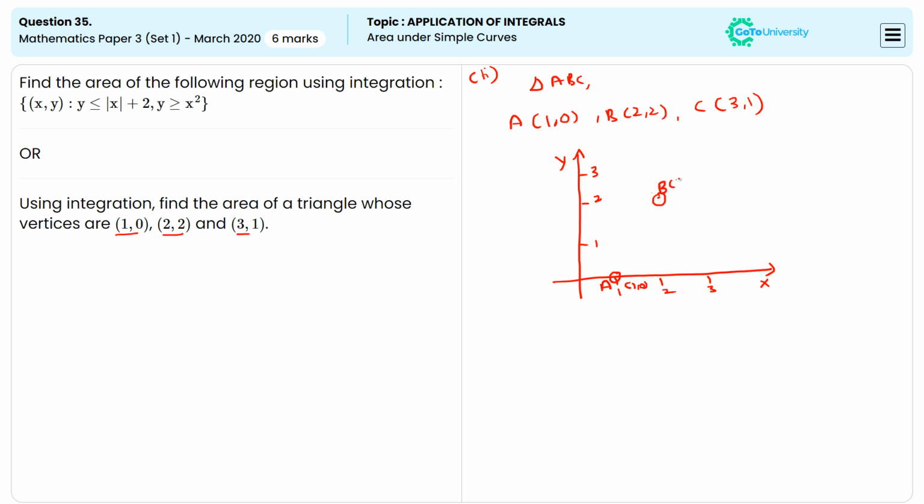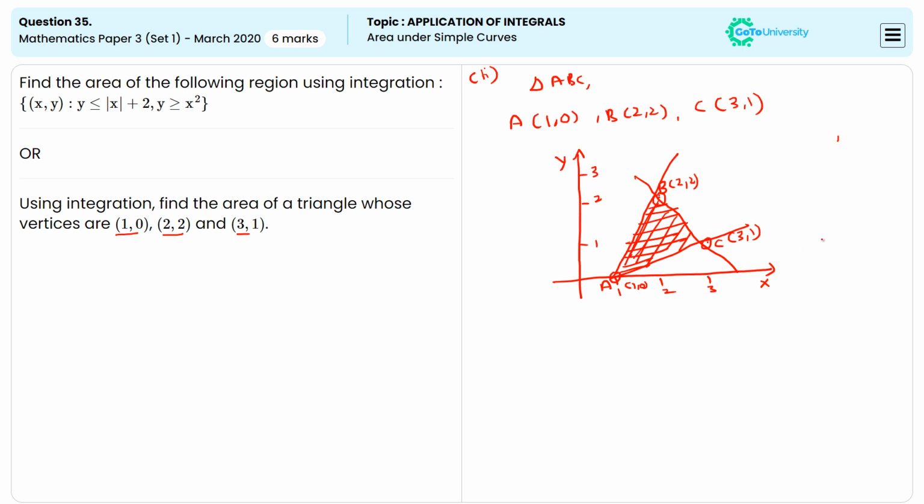And the last one is C, (3, 1). If we connect all these points, we get the triangle like this. Now the question is to find the area of this triangle, so we are going to calculate the area of this shaded portion.